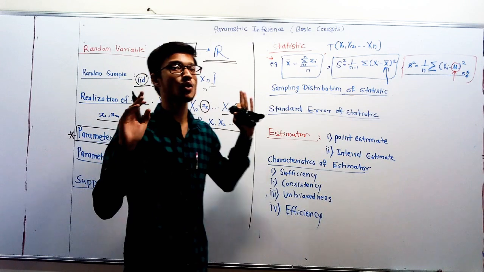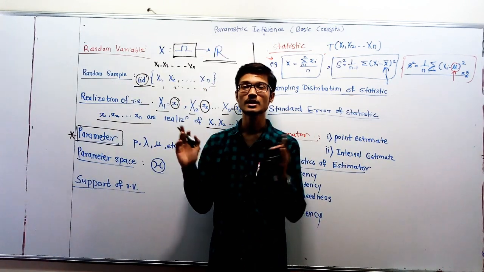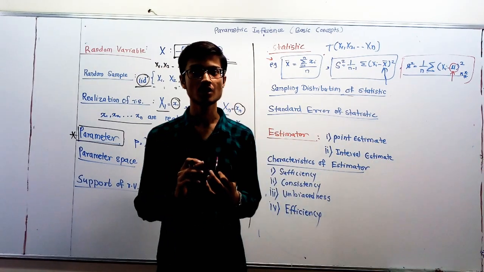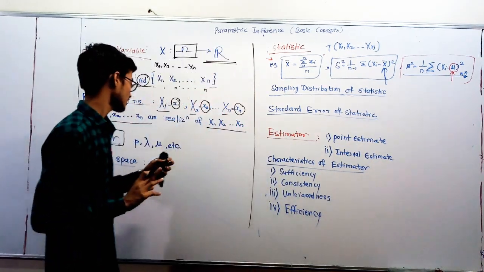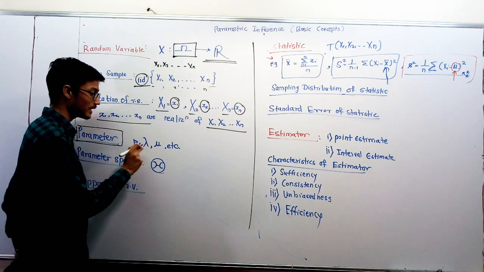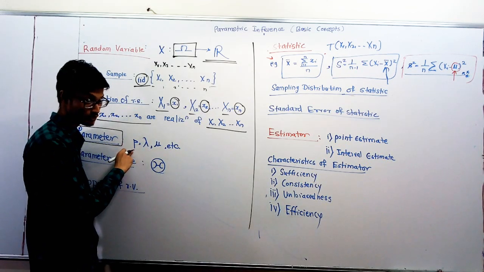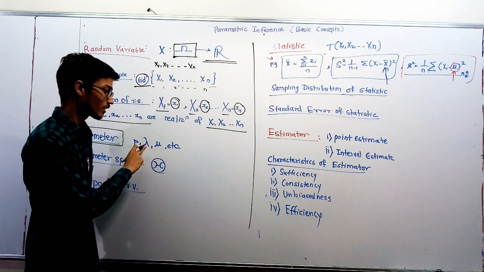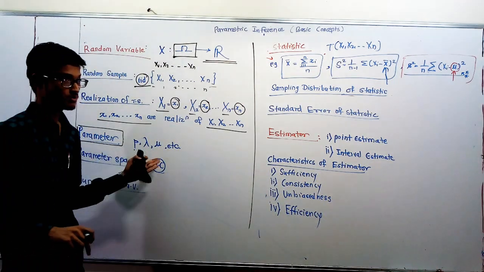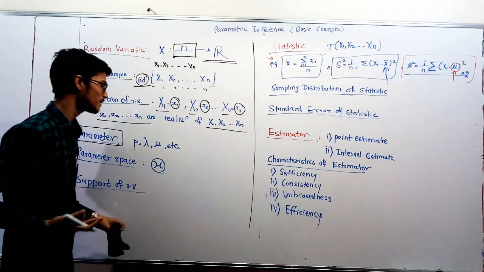Parameter is a quantity regarding the distribution which specifies the probability distribution completely. See, in binomial distribution the parameter is p, in Bernoulli distribution it is also p, in Poisson distribution it is lambda, in normal distribution mu, etc. These are the different parameters.